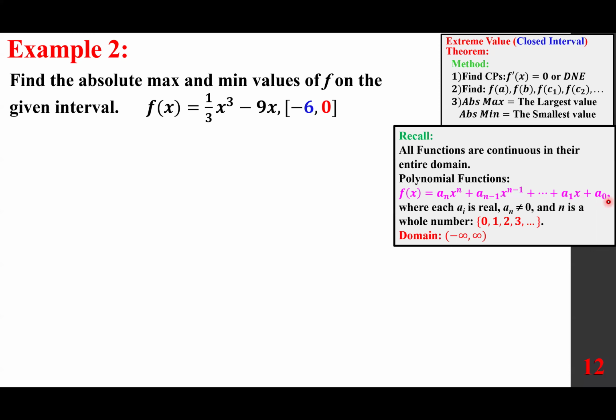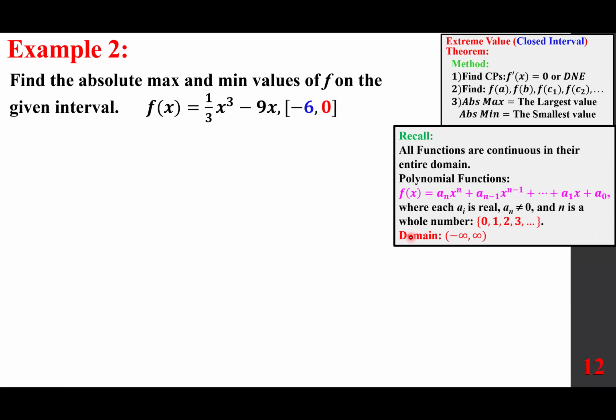A sub 0 is the constant, a sub n x to the power of n is the leading term, and a sub n is the leading coefficient, where each a sub i is real. A sub n can't be 0 because we say it's of degree n, and n is a whole number: 0, 1, 2, 3 to infinity.